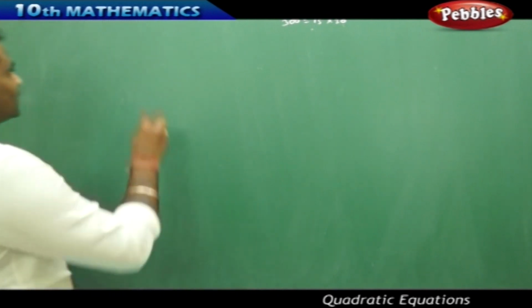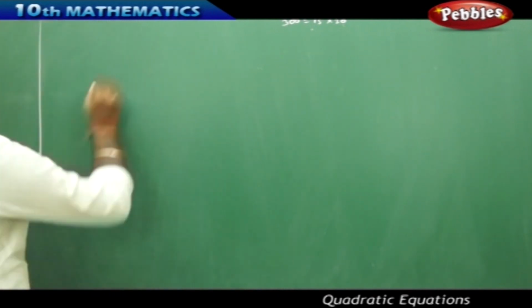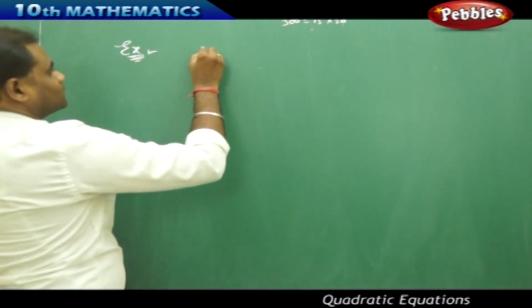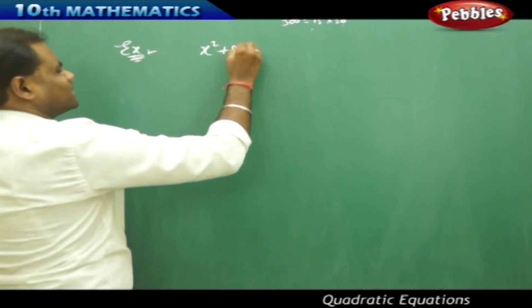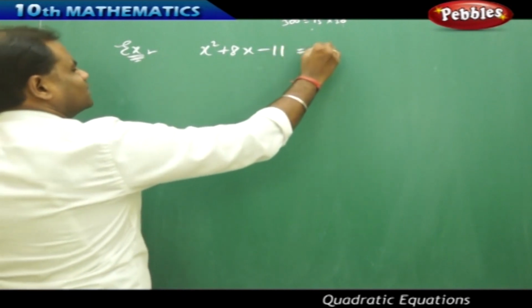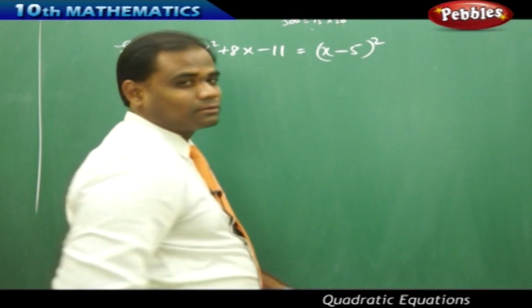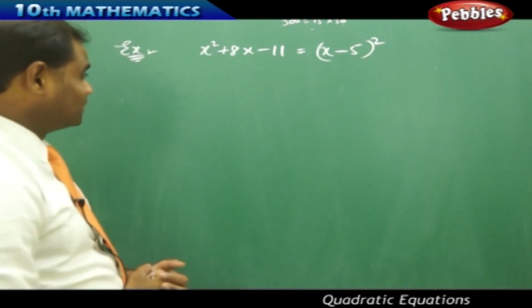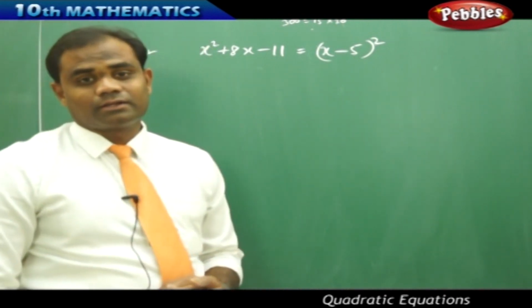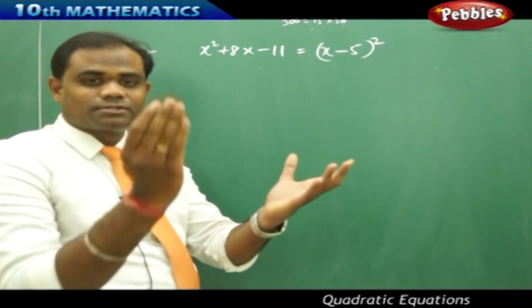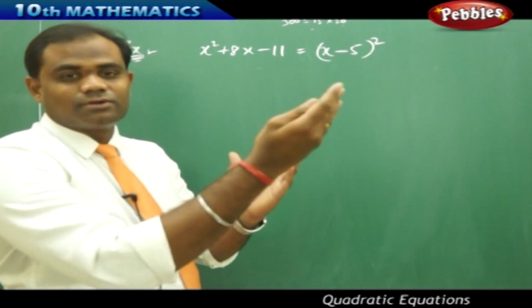So for example, I have an equation, say x squared plus 8x minus 11 is (x minus 5) whole squared. Now I want to know if this equation is quadratic. So I need to simplify this, bring all variables and constants to the left and keep only 0 on the right.